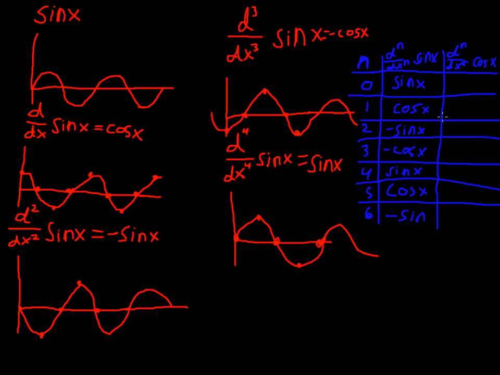And then for cosine, we can just sort of look down here. The 0th derivative is cosine, it's just not taking the derivative, cosine x. The derivative of cosine x is minus sine x. We did that over here.